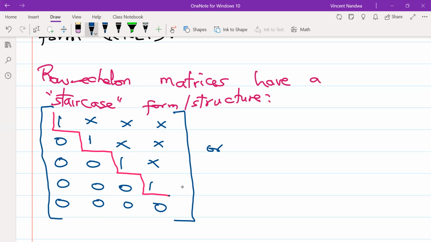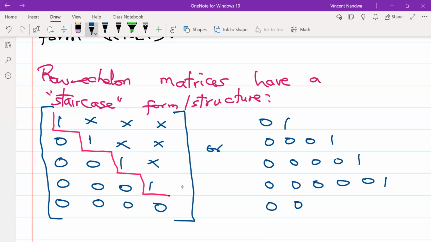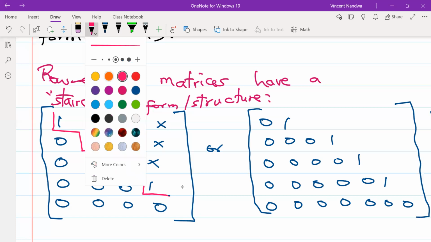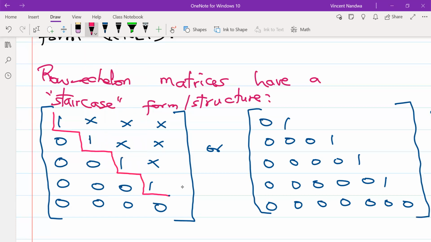Or even we may have this: 0, 1, 0, 0, 0, 1, 0, 0, 0, 0, 1, 0, 0, 0, 0, 0, 1. This might also be another structure of a row echelon form matrix, where this is the leading one.